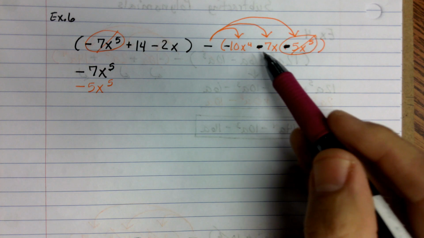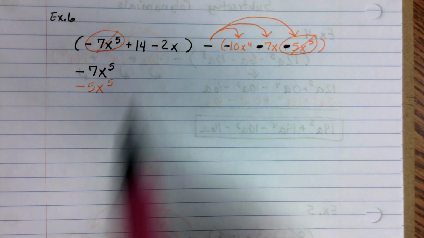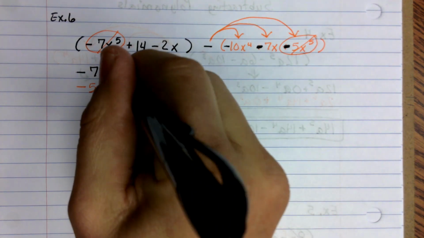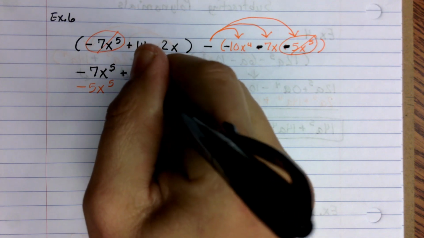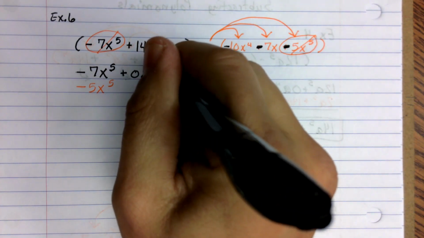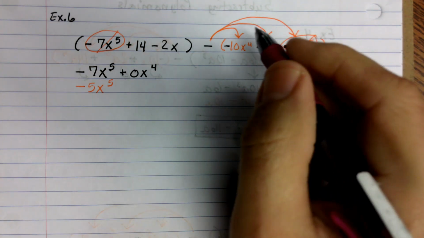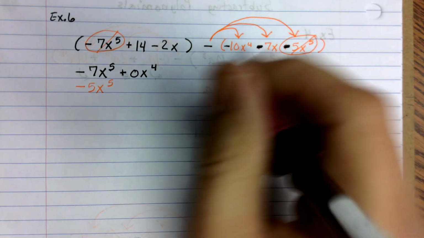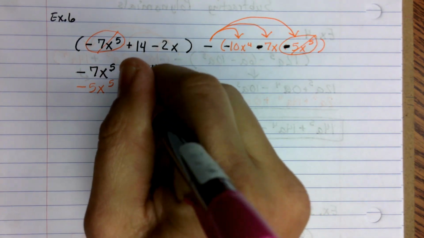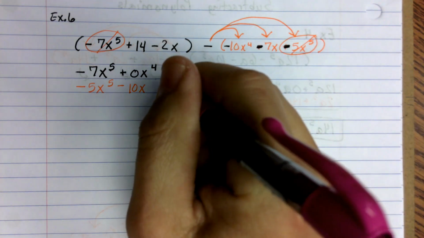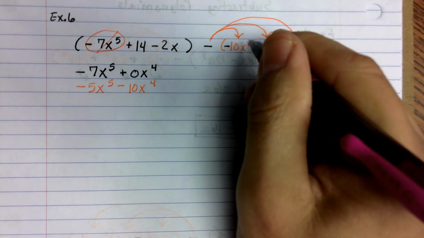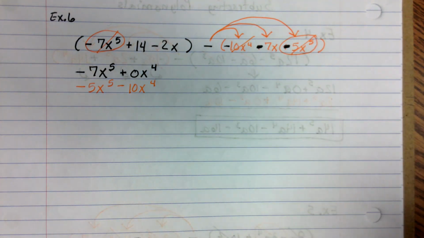Next, I do notice that I have a 4th power over here, but I don't in the black. So in the black, I am going to add a plus 0x to the 4th power to use as a placeholder. And then I'm going to take this negative 10x to the 4th power and write it beneath it. So minus 10x to the 4th power. And I'll cross that out.